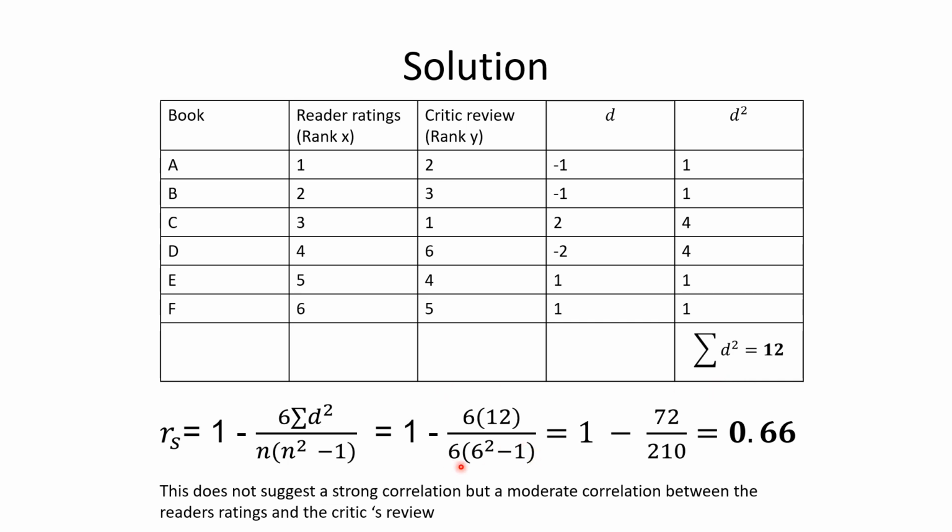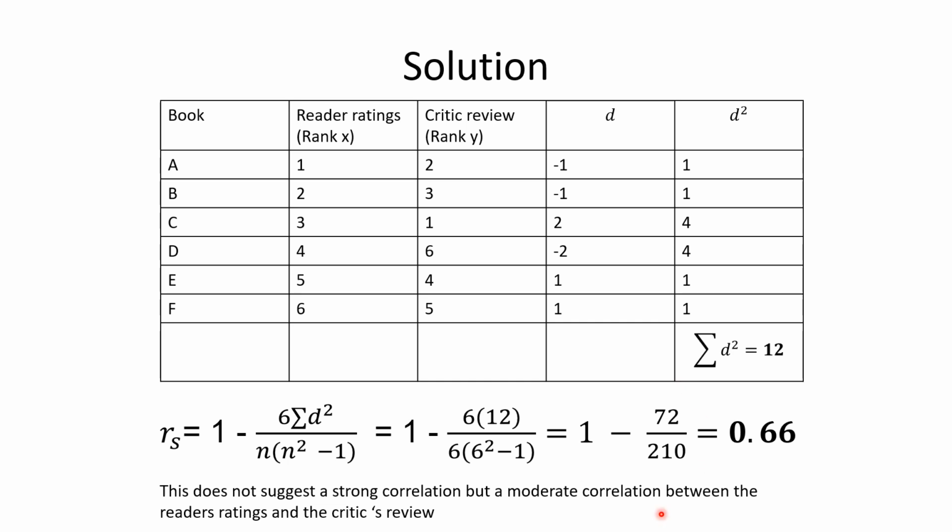So 6, which is now n, the number of observations, into bracket open, 6 squared, the number of observations squared, minus 1. If you do 6 squared, you get 36. I didn't work it out here, but you should understand. So 36 minus 1 is 35. 35 multiplied by 6 gives you 210. And obviously 6 times 12 is 72.